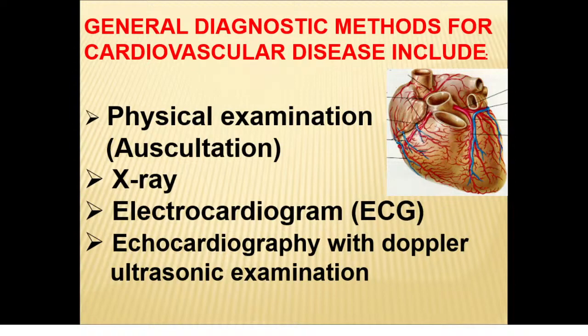Echocardiography with Doppler ultrasound examination clears direction of the blood and helps to clear source of heart murmur, which was revealed on auscultation.